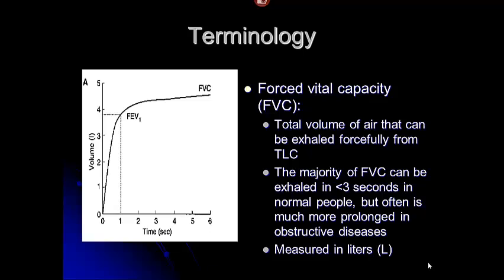Remember, I want you to think about obstruction as any disease process that will give you bronchospasm, or any disease process that will give you secretions to the point of creating thickness and obstructing the expiratory force or the expiratory phase of respiration.